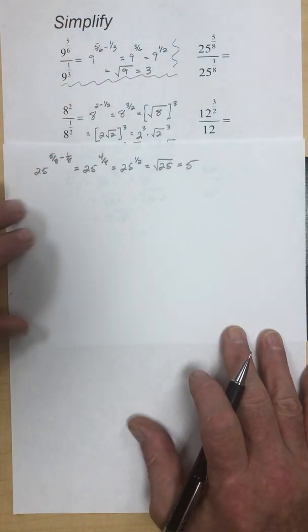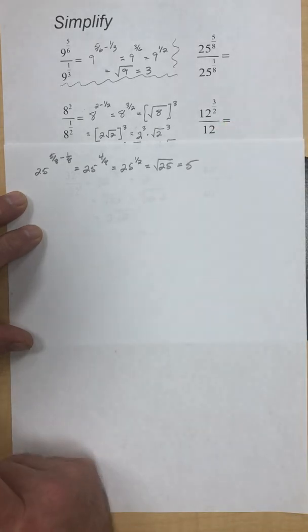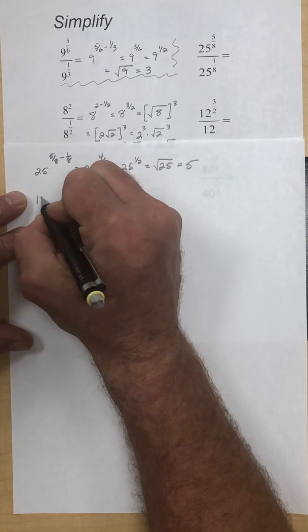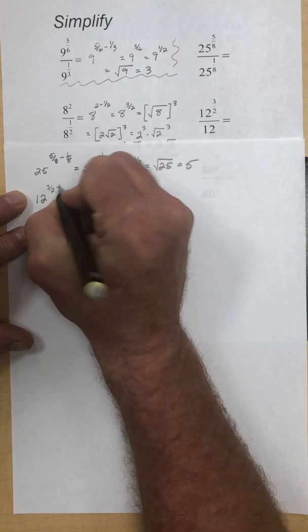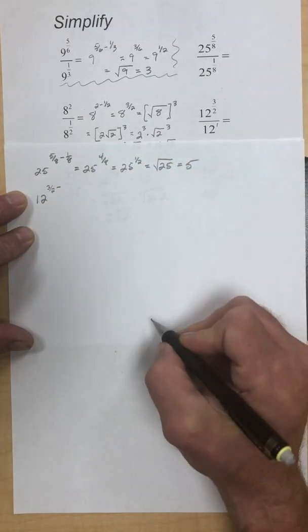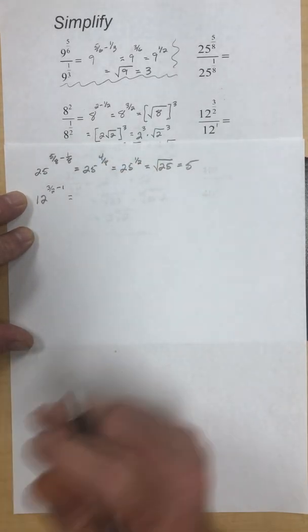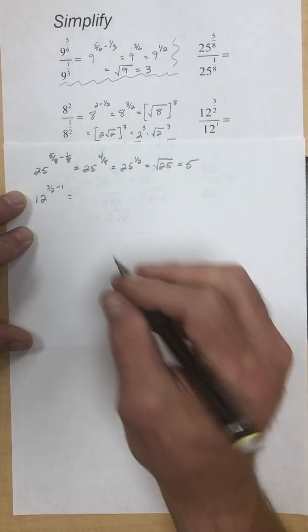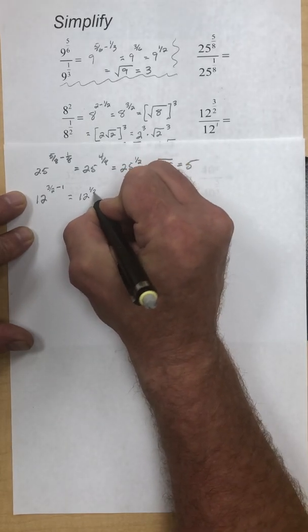Okay, let's go to this guy. Once again, 12 is the base in the numerator and denominator, so I can apply the quotient rule. 12, let's see, we go 3/2 minus, that would be 12 to the first, so it'd be 3/2 minus 1. So 3/2 minus 1 would be 3/2 minus 2/2. So I get 12 to the 1/2 power.